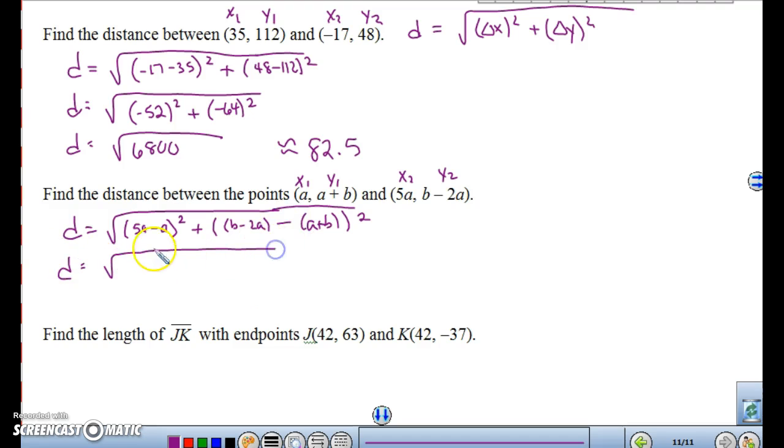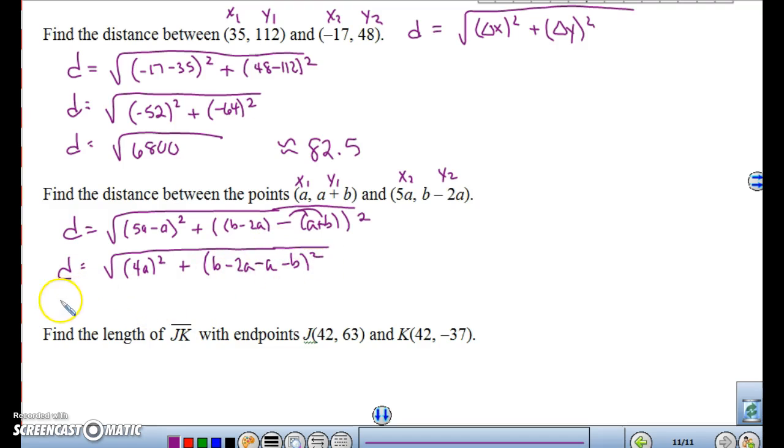Now, 5a minus a is really easy. That's just 4a quantity squared. Remember, you have to carry this minus through the parentheses: b minus 2a minus a minus b, quantity squared.